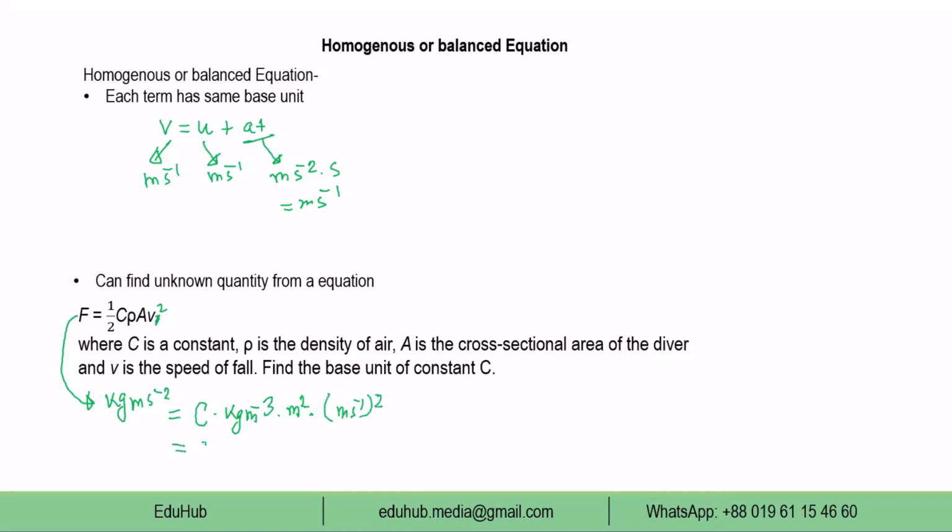That means it is C kg per meter cube, then meter square, then meter square second to the power minus 2, that means it is C kg meter second to the power minus 2. So the unit of C is kg meter second to the power minus 2 by kg meter second to the power minus 2, which is 1. So C has no base unit.